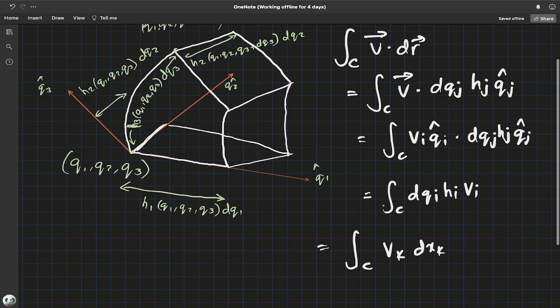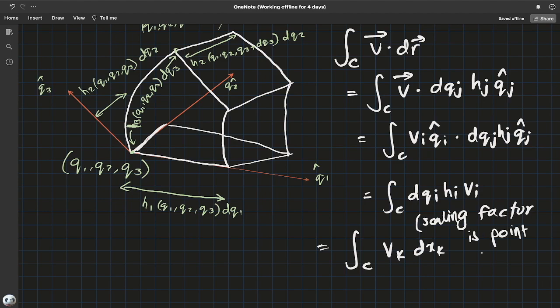I'm not taking the scaling factor outside, because remember what I said, scaling factor is point specific, so it changes from point to point, and so it's not a constant that you can just pull out.